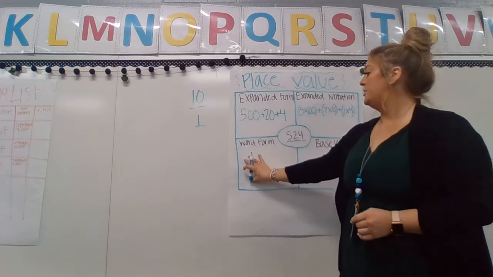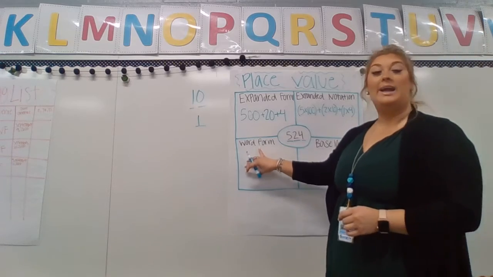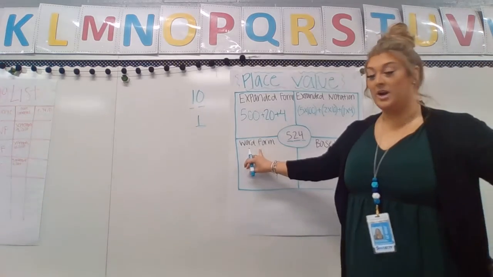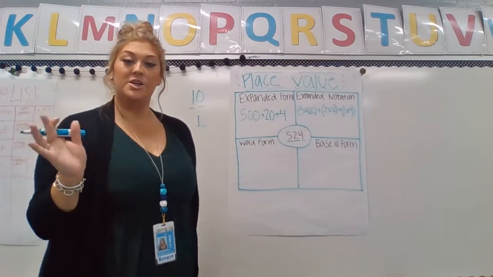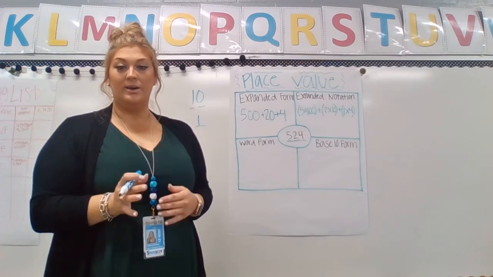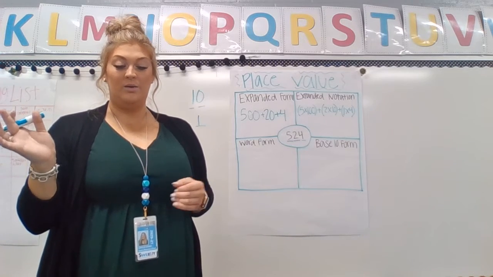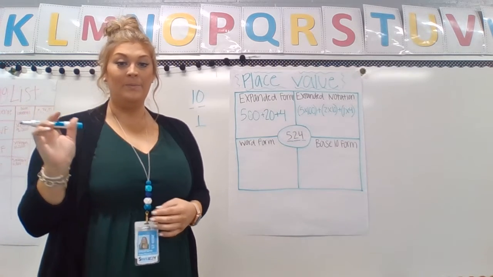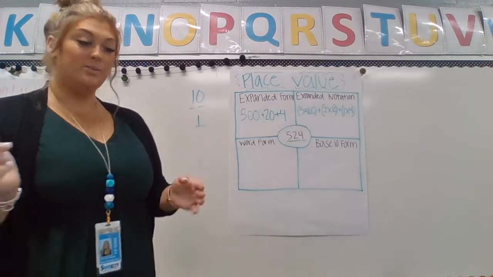Now we're going to come to our third box, and we are going to write 524 in word form. So how do you think we're going to write 524 in word form? So go ahead and write this with me.